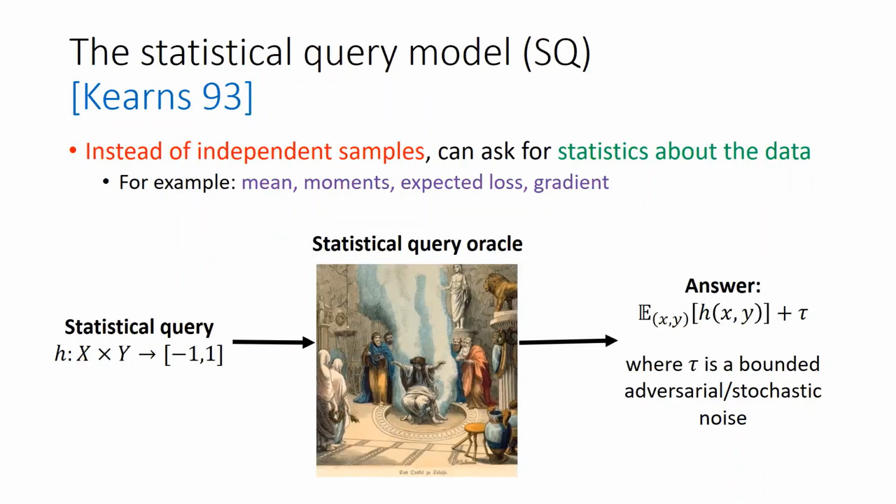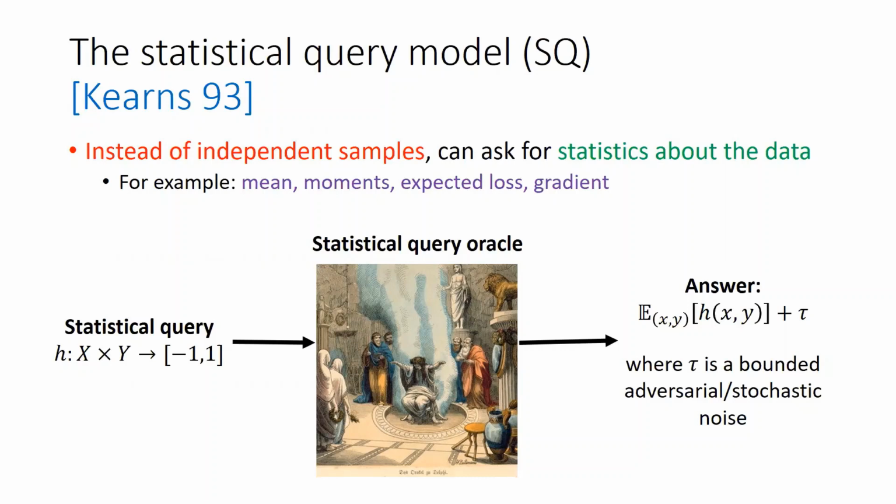How does this work? The algorithm can submit any bounded function, h of x, y, as a query, and it will receive the expectation of this function on a random input that is drawn from D, together with some small added noise.